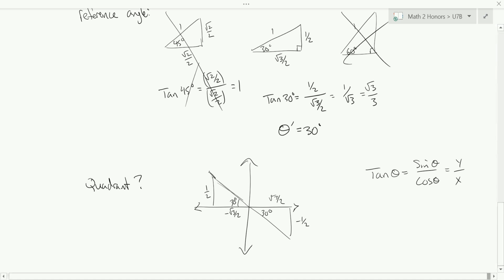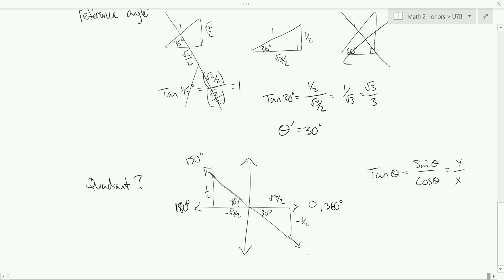And so lastly, we just have to figure out where we're pointed. We're able to use degrees. So if this is 0, this is 180. This is 360 degrees. What's the quadrant 2 angle? 150. Go back 30. We're at 150. And how about quadrant 4?